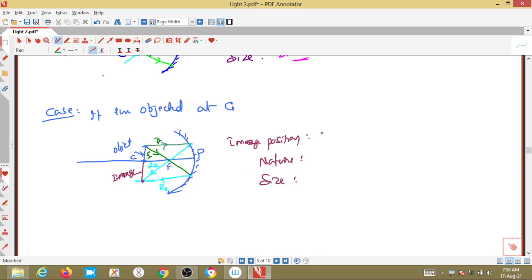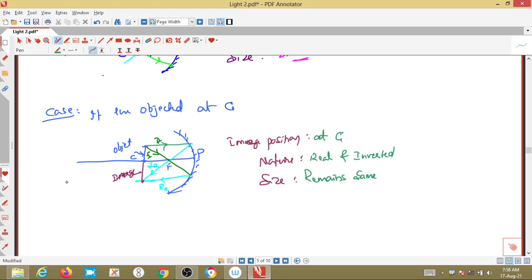So the position, I can say, is at C, that is the center of curvature. Then again, because it is in front, it is real and inverted. Okay, then the size here remains the same.